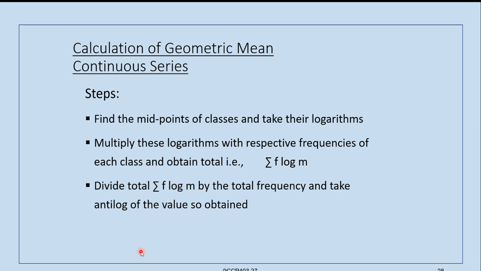So m in the third column, log m in the fourth column, and f log m in the fifth column. That's all, f log m. And then divide sigma f log m by n. N is sigma f, that is given in the second column.